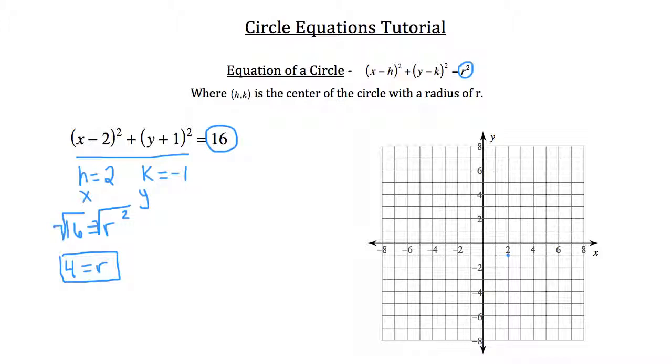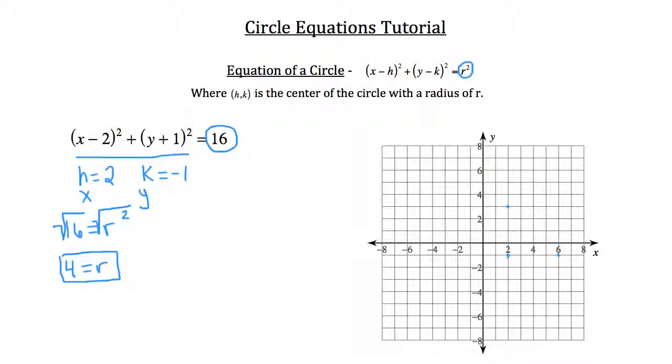Now we know it has a radius of 4. So that's the distance from the center of the circle to the outside edge of the circle. So you could go 4 units in any direction and drop a point. I'm going to go with your typical north, east, south, and west. I'll go straight up 4 units, 1, 2, 3, 4, and plot a point. Then I'll go to the right from the center 4 units, 1, 2, 3, 4, and plot a point.